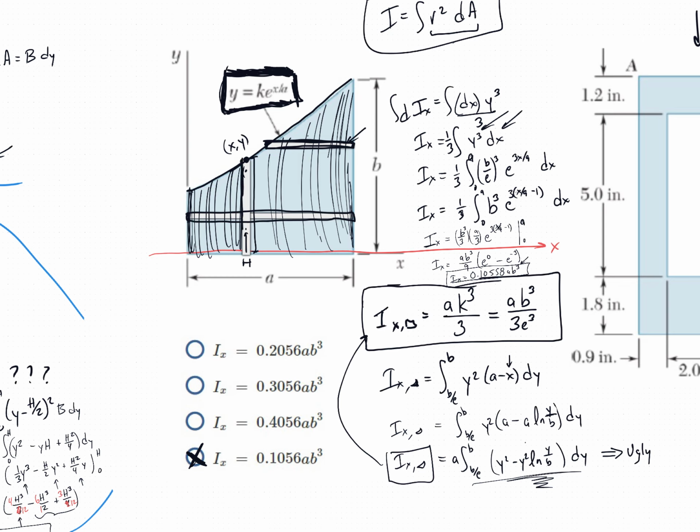So you might just want to go with a vertical box, and if you use the vertical box, then what you're summing is you're saying dI equals the base of that box, which in this case is dx, times the height of that box, which in this case is y cubed over 3. And that's all from the fact that I of a rectangle around its base, around x, is the base times the height cubed over 3.